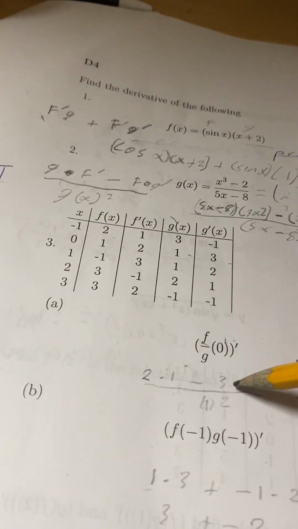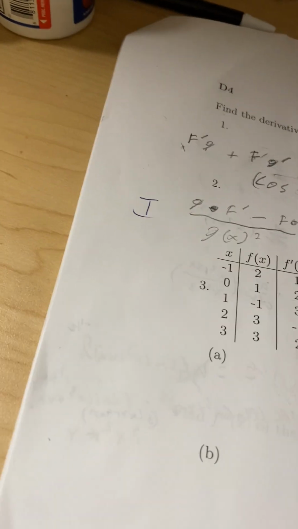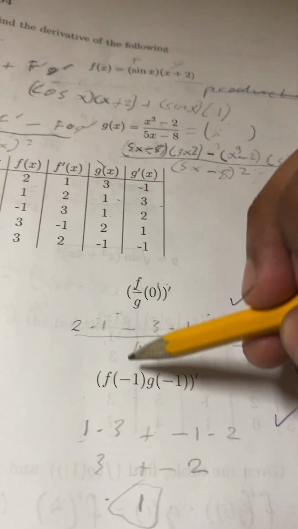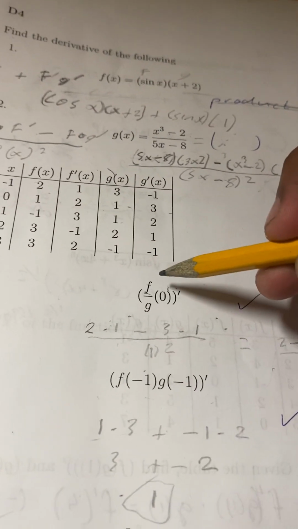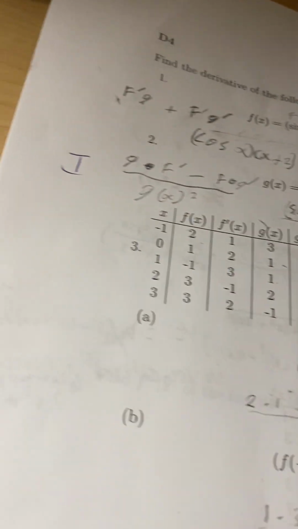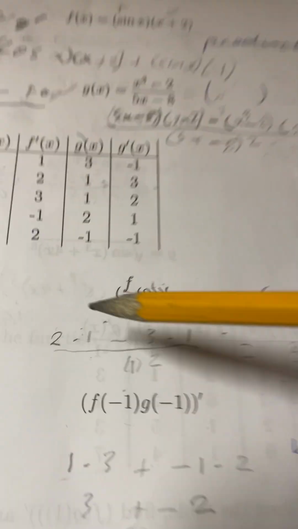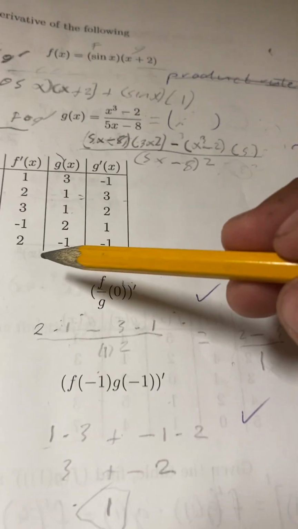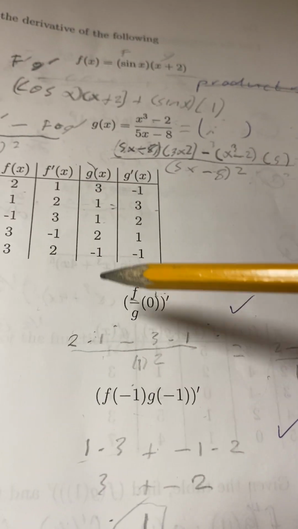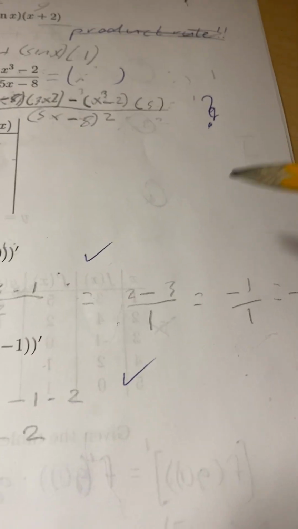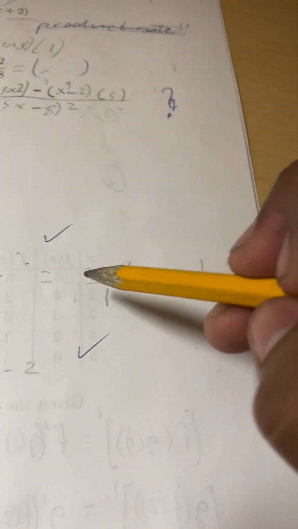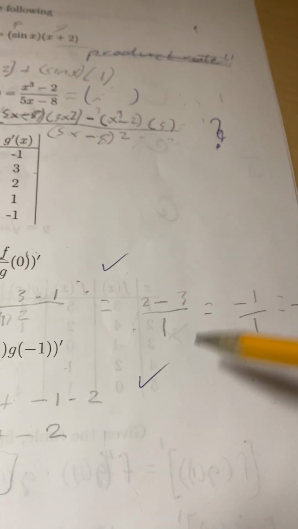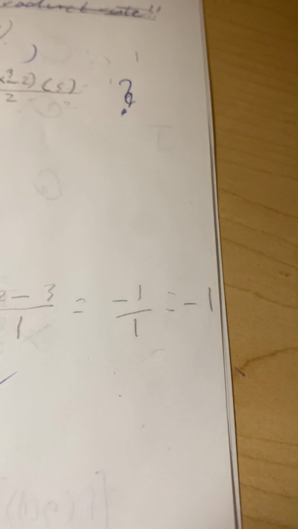So that's the top, and the bottom is g of 0 squared, so that's 1 squared, which is just 1. So 2 times 1 is 2, 3 times 1 is 3, so 2 minus 3 is negative 1 over 1, so negative 1 over 1 is negative 1.